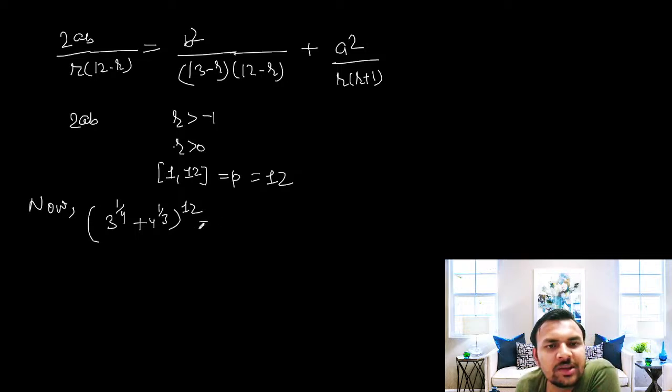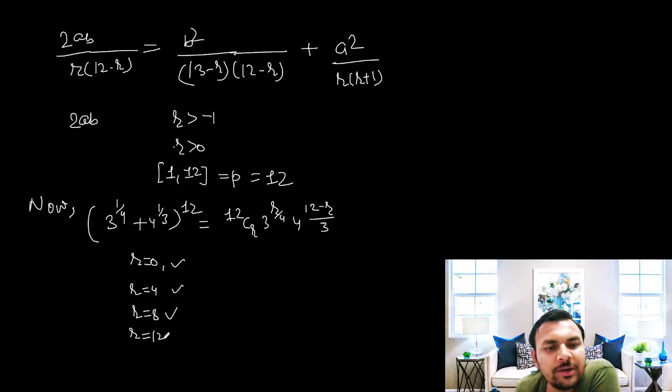Expansion: what we are saying, 12CR, 3 to the power r by 4, 4 to the power (12 minus r) by 3. So if r is 0, it is okay. If r is 4, it is okay. If r is 8, it is okay. If r is 12, it is okay.